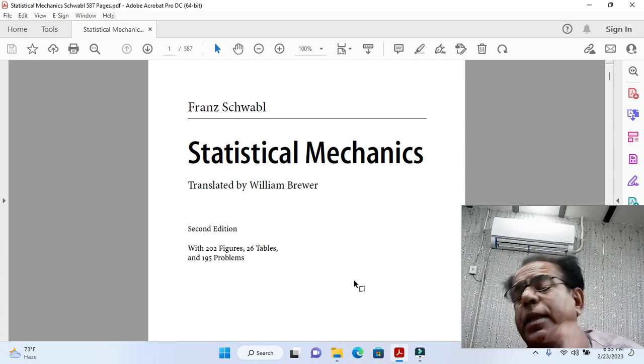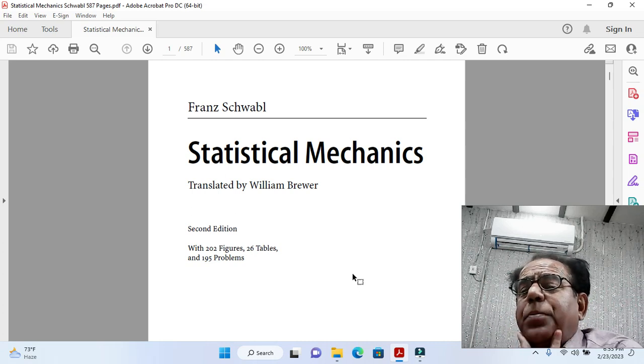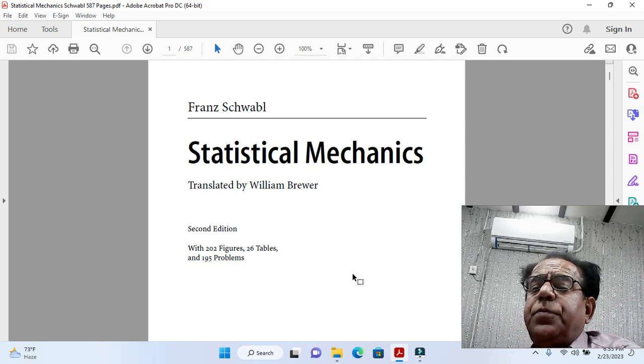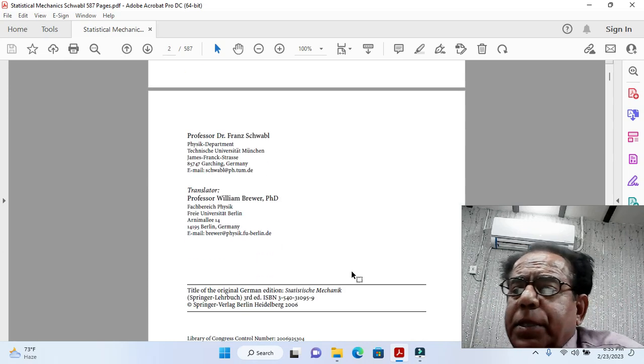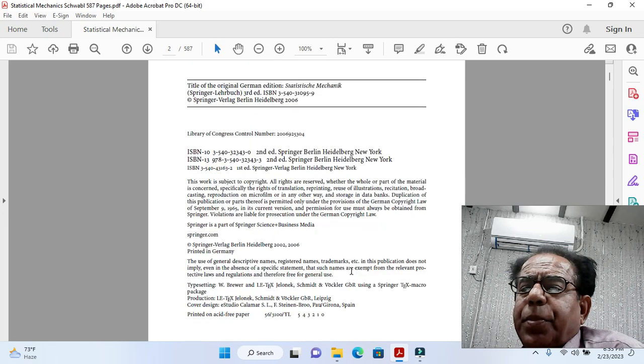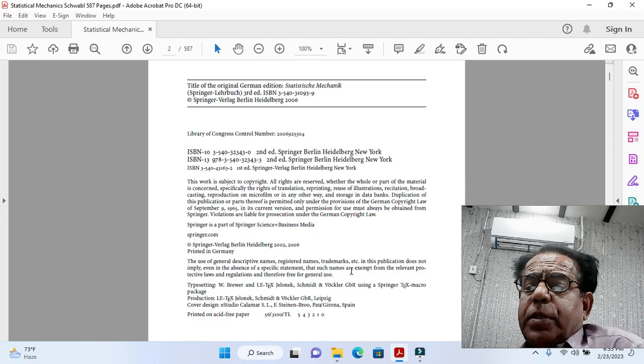William Brewer translated this book from some other language into English. This is the second edition. Springer is the publisher. Professor Dr. Franz Schwabl.